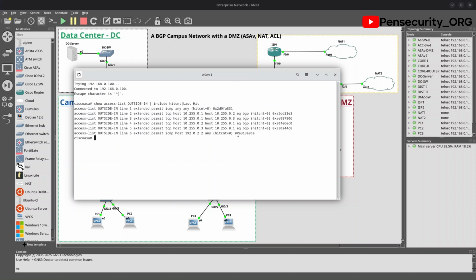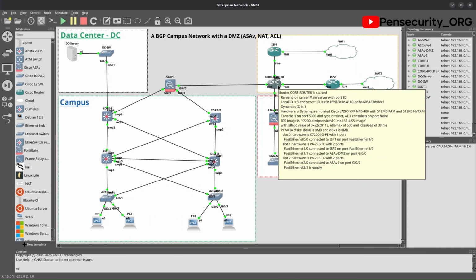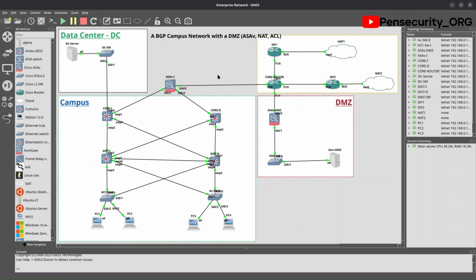If we should deny any of this, because for the connection to leave from here to here, it goes through BGP. So BGP kind of broadcasts the IP address here. So when it broadcasts the IP address here, it will be able to be discovered in this section. So that is how it works. It's just like OSPF as well. For OSPF, you need a router ID.